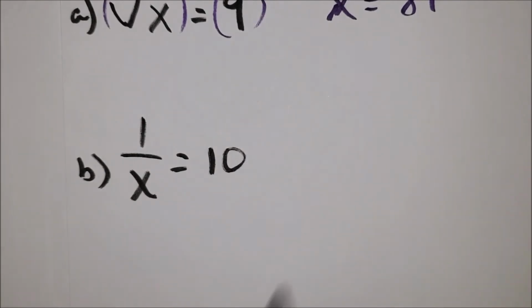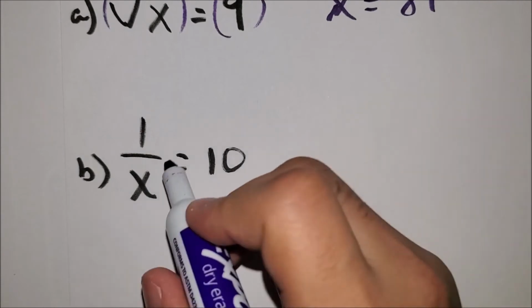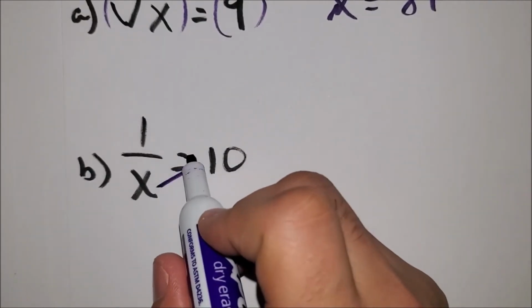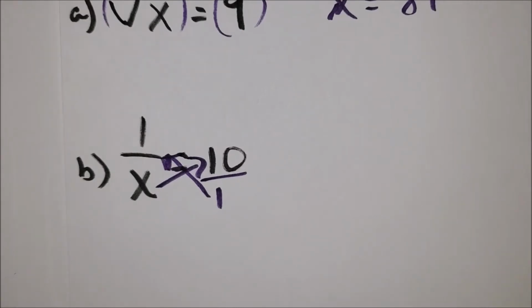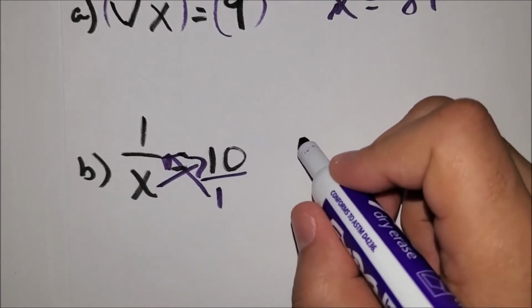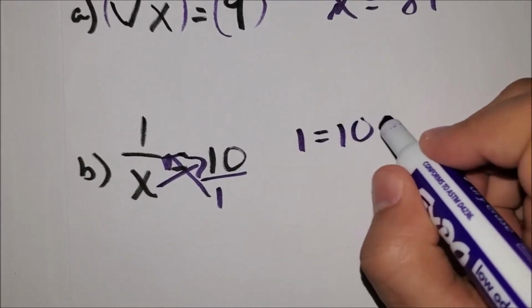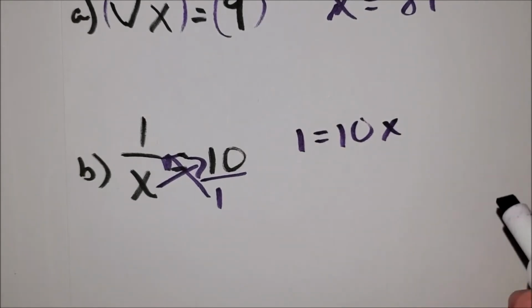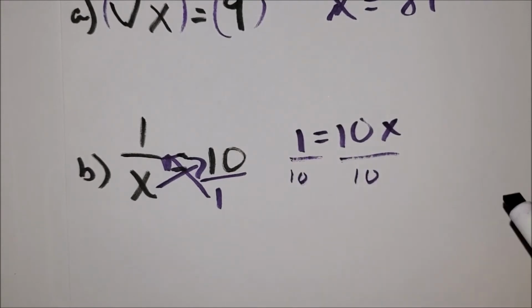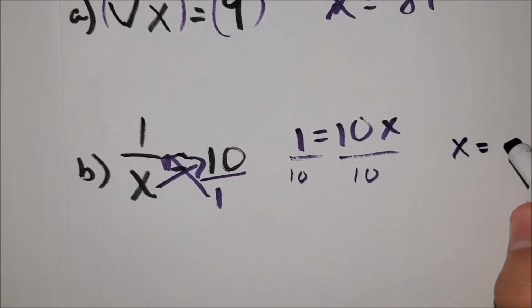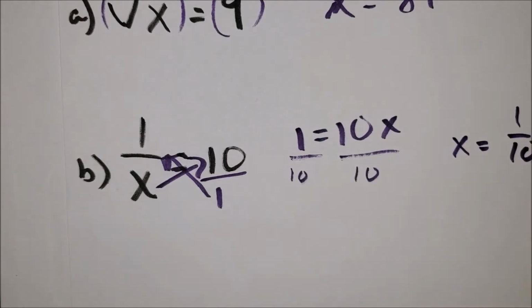So if we multiply both sides, we can do it like this to make it easy to remember. We'll get 1 equals 10x. Then we divide both sides by 10, and we get x equals 1 over 10.